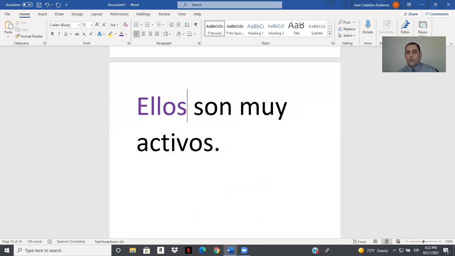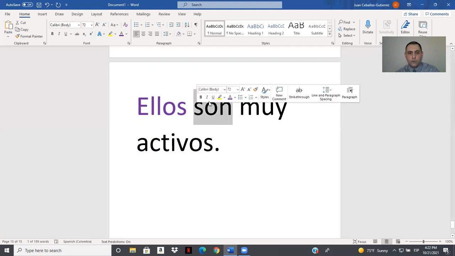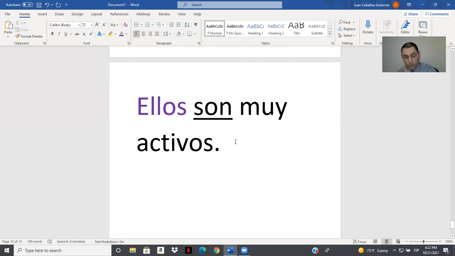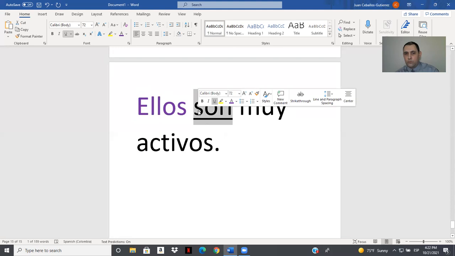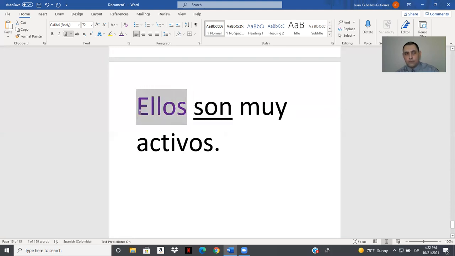Now, which one is the verb here? The verb is this one. So it comes from the verb ser. So the verb ser in this case is conjugated in the third person plural and is agreeing with the subject. This means the subject is third person plural and the verb is agreeing with the subject, not the other way around.